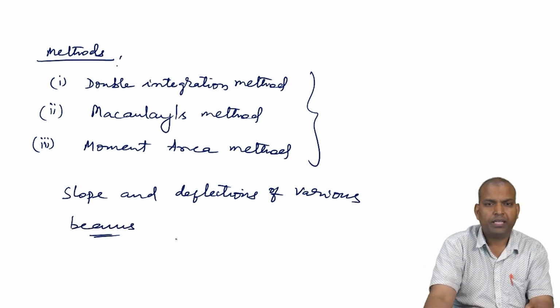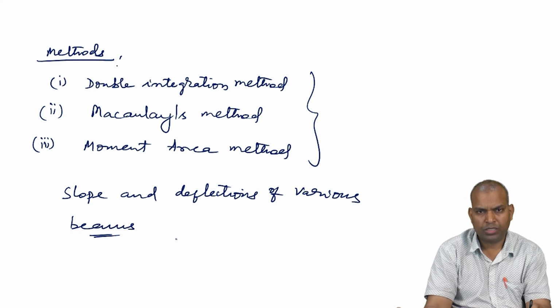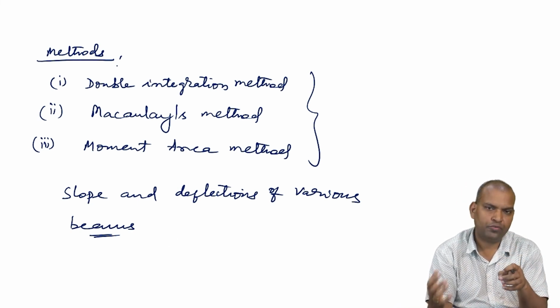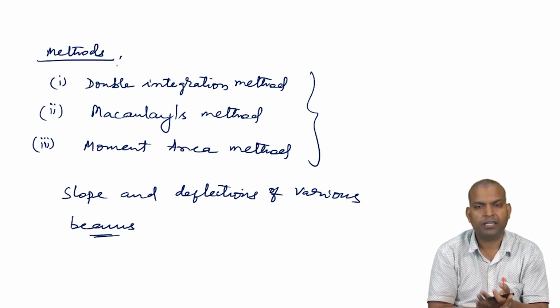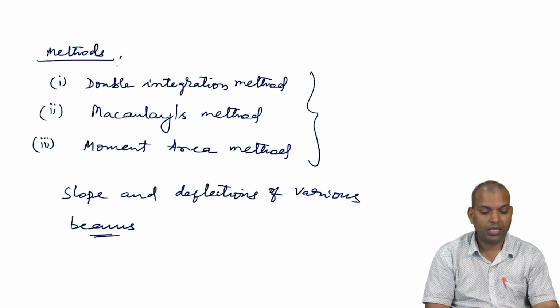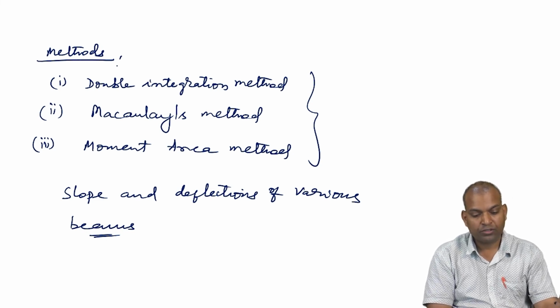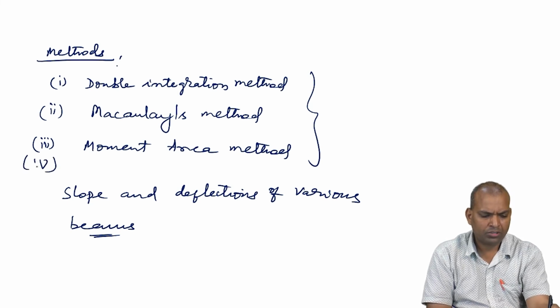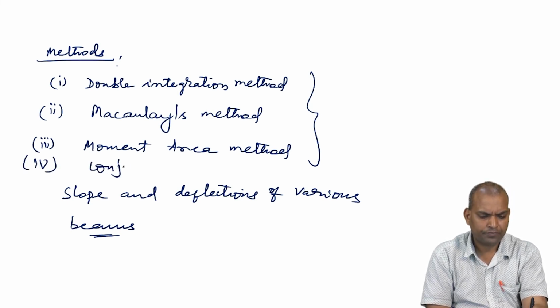The beams can carry single concentrated loads, multiple concentrated loads, or a combination of uniformly distributed load with concentrated load. It can be a cantilever beam, a simply supported beam, or an overhanging beam. So how do we find the slope and deflections? There is one more method, called the conjugate method.